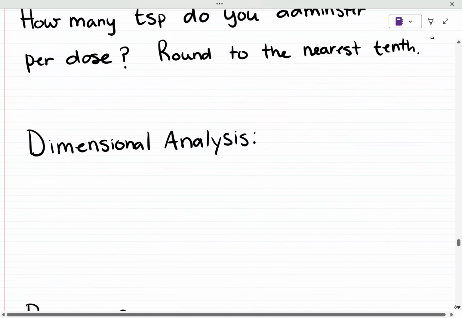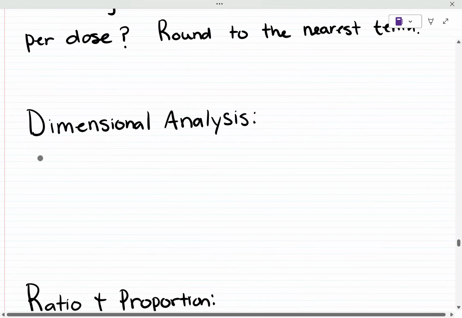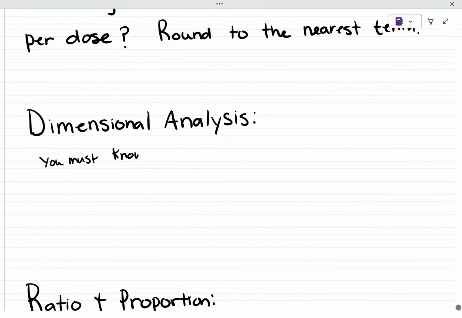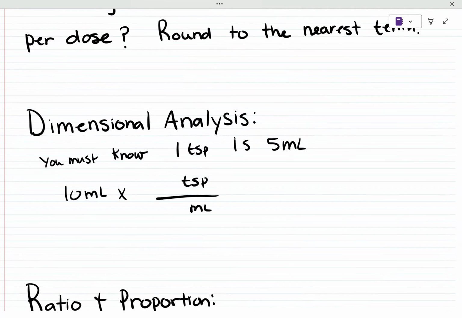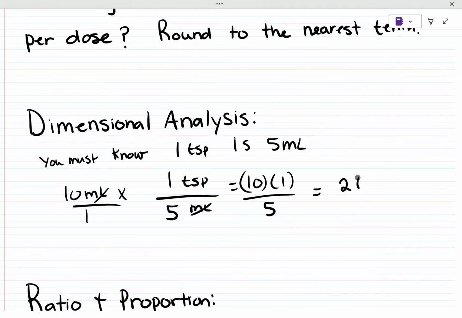You must know from the chart that 1 teaspoon is 5 milliliters. That's something you should know. So 10 milliliters times teaspoon on the top, milliliters on the bottom. For 1 teaspoon there are 5 milliliters, the milliliters disappear, and that's 10 times 1 over 5, which gives you 2 teaspoons.